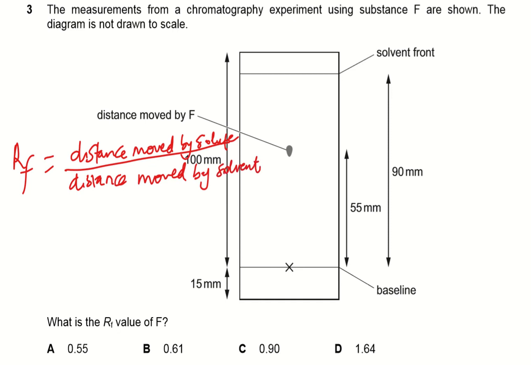So let's look at that. Distance moved by solute, that is this, 55. So you have your 55 millimeter over distance moved by solvent front, which equals 90.